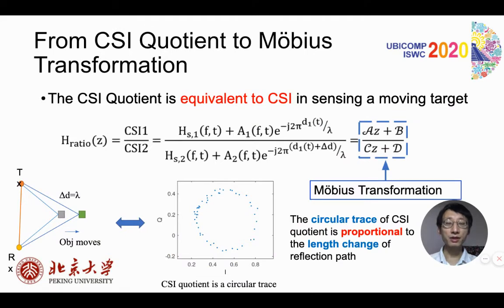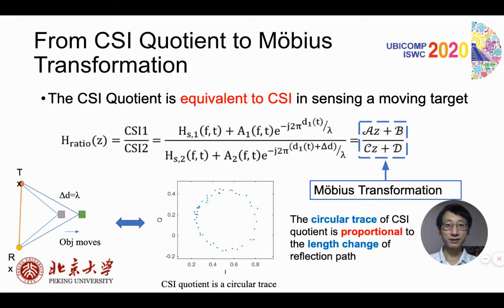The CSI quotient can be simplified as a form of Mobius transformation that maps the signal between the ideal CSI and the CSI quotient. Consequently, the CSI quotient has similar sensing properties as CSI. For example, the CSI quotient also has a circular trace on the complex plane if an object is moving.